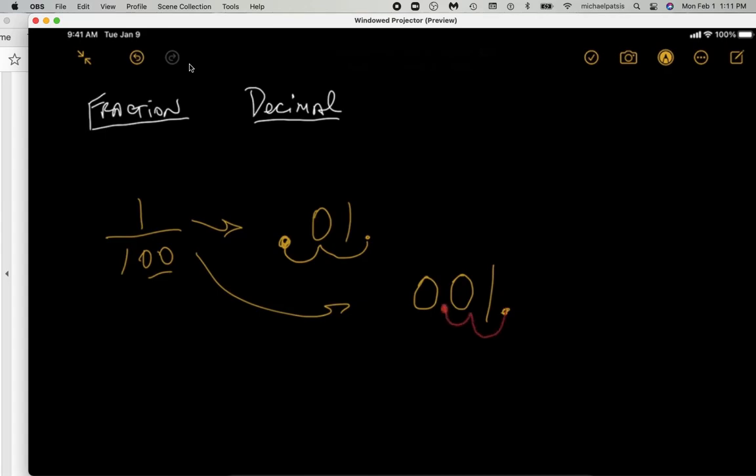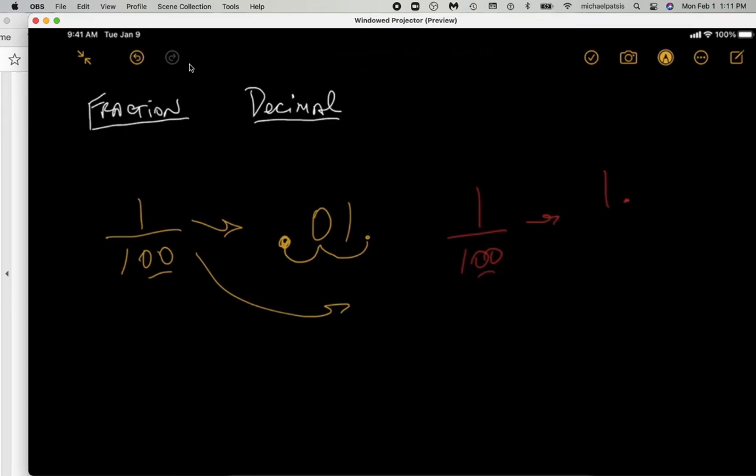If you just have the 1 like this, and you move 2 places, I don't know where these zeros go, what these hops mean. I might make a mistake and put the decimal here or here. So again to repeat, when I have 1 over 100, we know there's a decimal point after that 1.